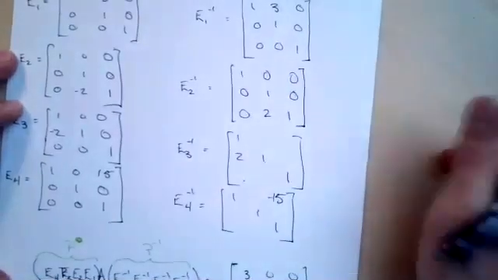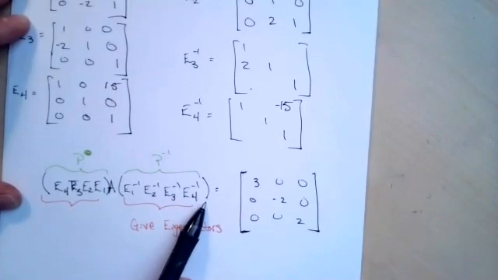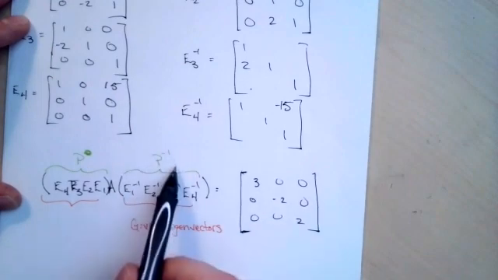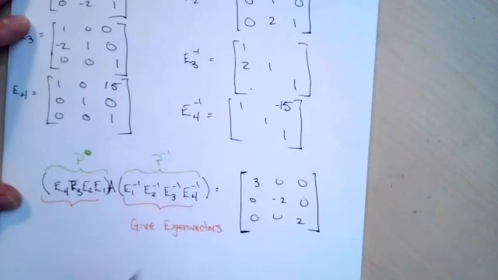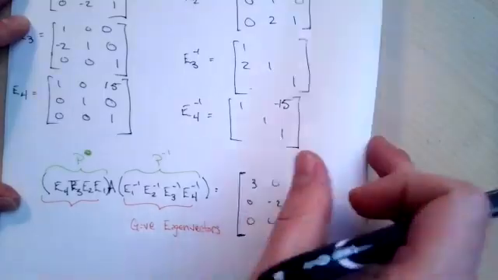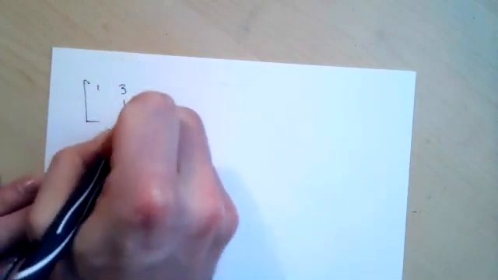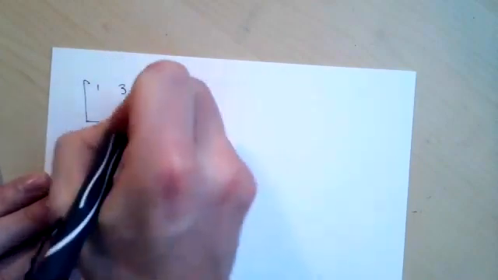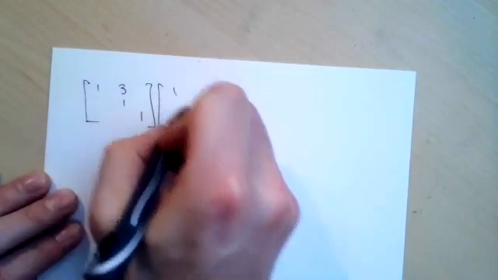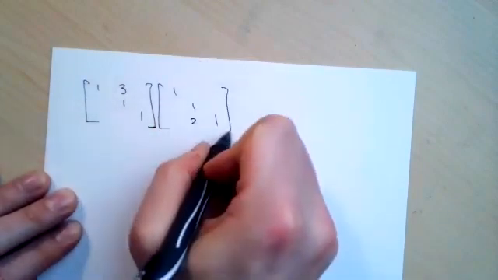So those are our inverses. We want to multiply them all together. Be careful of the order. You want to make sure they are in that same order. Then that will give us this P matrix, and we'll see why it gives the eigenvectors. So let's go ahead and multiply those out. Again, our E1 was 1, 3, 1, 1. Our E2 inverse was diagonal with a 2 there.